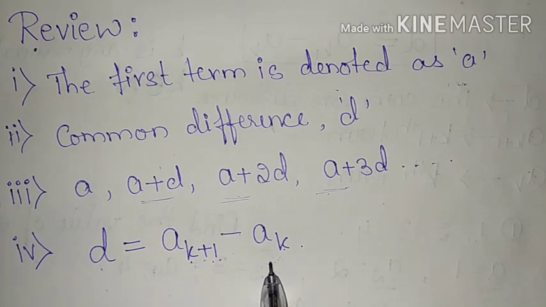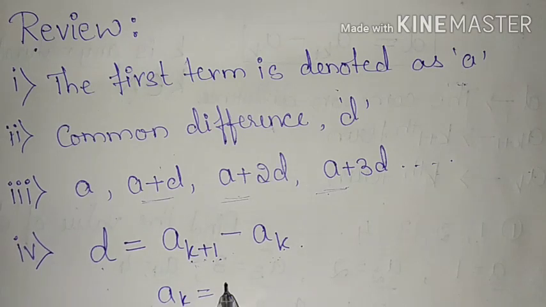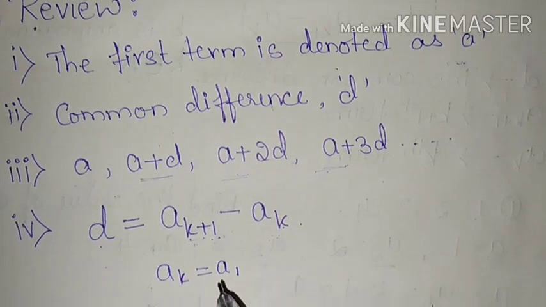For example, if a_k is A1 or A, then a_(k+1) will be A2. I can show it here. If a_k is equal to A1 or A. A1 is nothing but A, right?